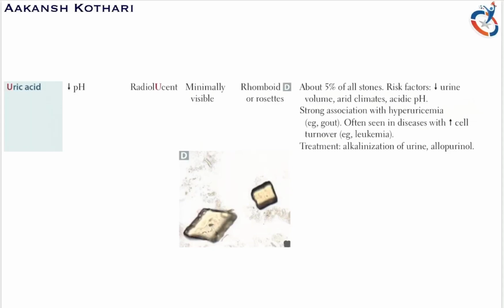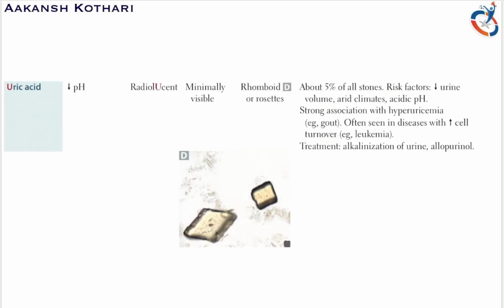Correct? Now, it is often seen with myeloproliferative diseases, that means increased cell turnover. Example, leukemia. So, when there are myeloproliferative cell disorders, this leads to uric acid stones. So, is it clear? Now, what is the treatment of uric acid stone?